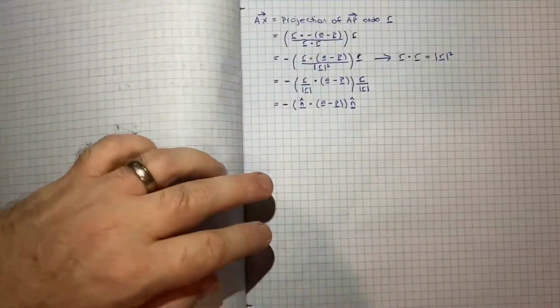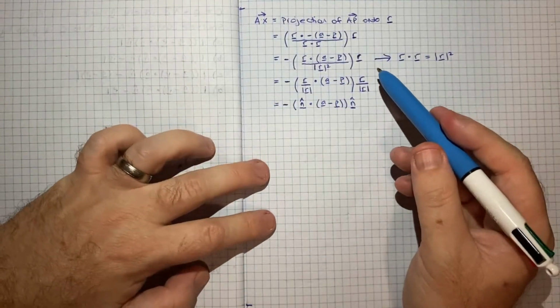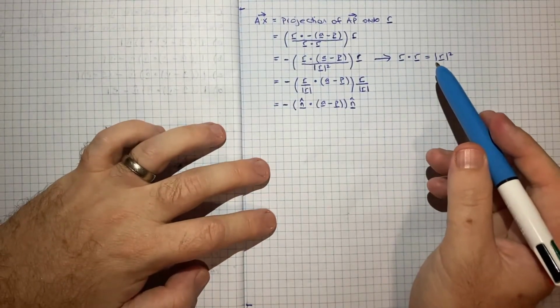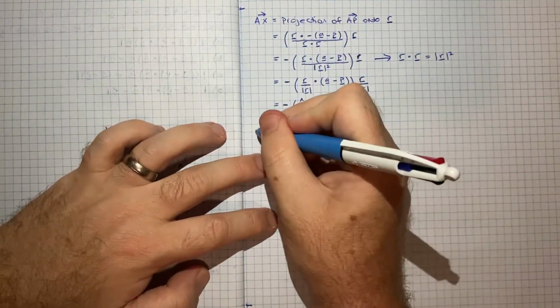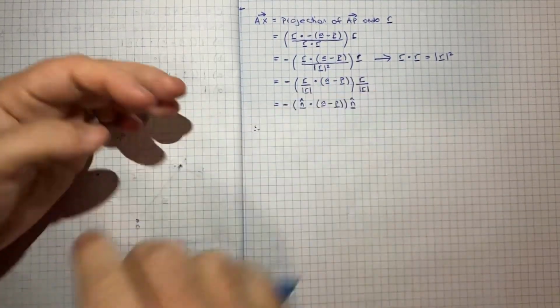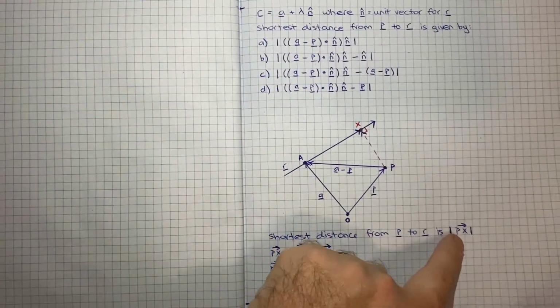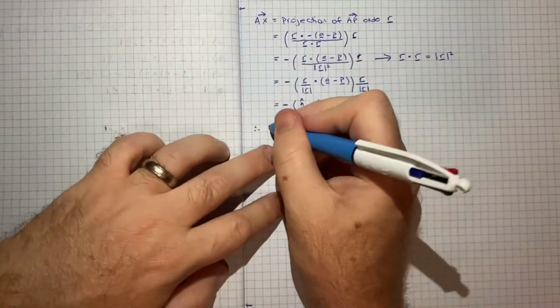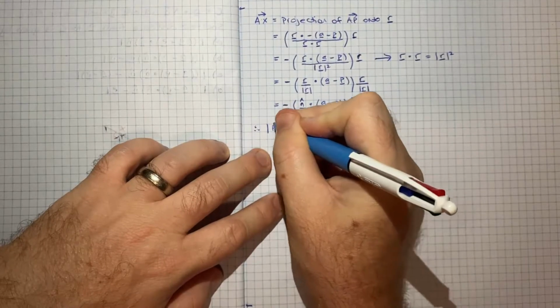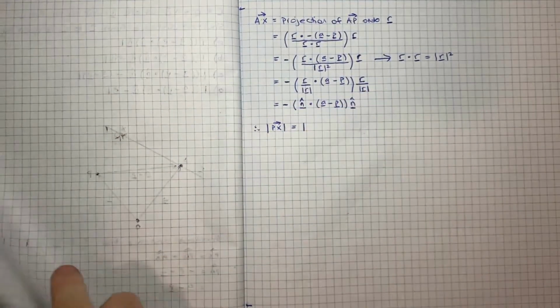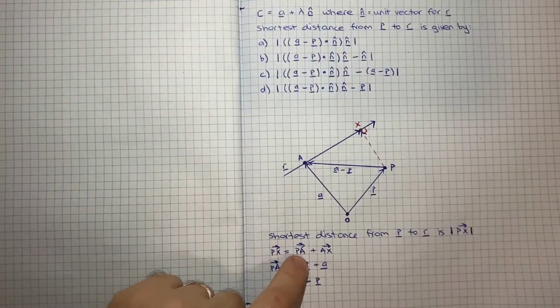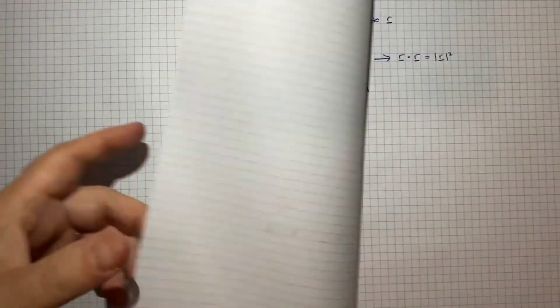So now we need to do a bit of rearranging. But let's now put this all together. So therefore, the magnitude of PX vector, which is what we're concerned with, is equal to the magnitude of PA vector plus AX vector.